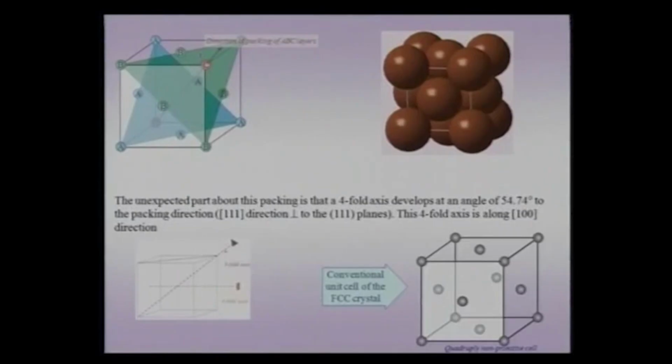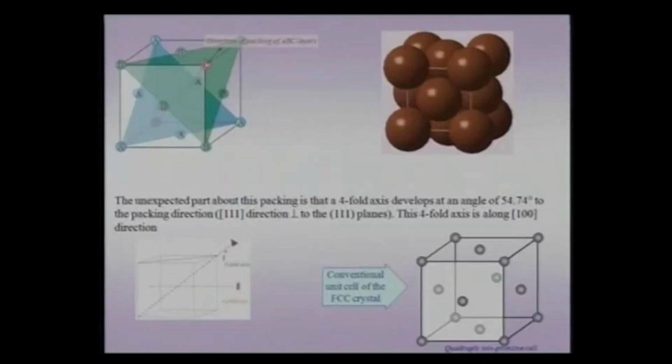In fact, you can also visualize this symmetry not as a simple rotation, but in terms of a roto-inversion, where it is actually a 3-bar axis. So this axis is a 3-bar axis, and if you want to look at a simple rotational axis, it is a 3-fold axis. Now so far it is easy to understand because 3-fold is a subgroup of the 6-fold symmetry, and therefore that is what survives during this packing.